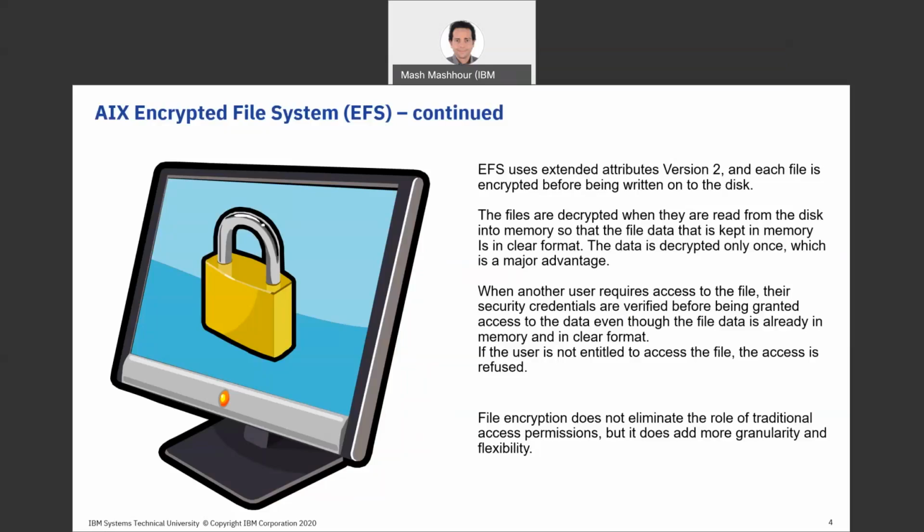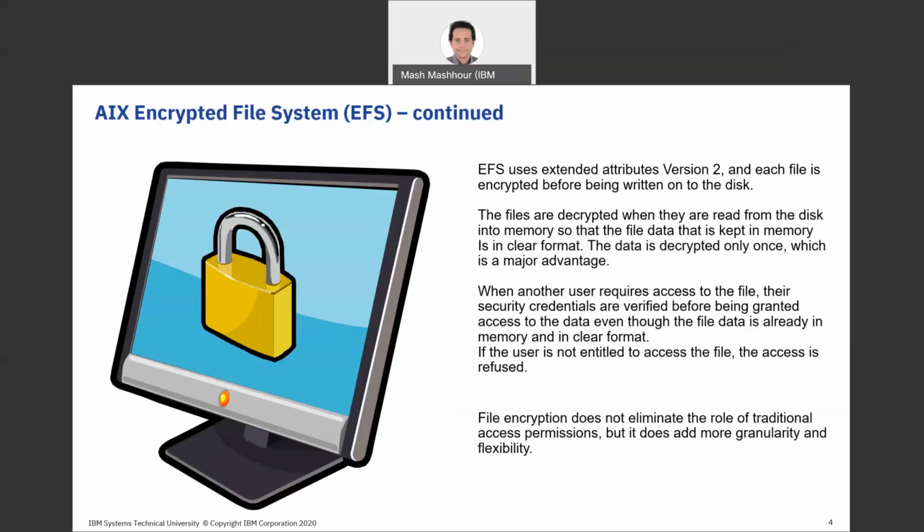When another user requires access to a certain encrypted file, the security credentials are verified before being granted access to the data, even though the file data is already in memory.